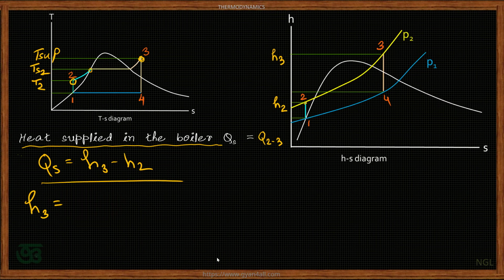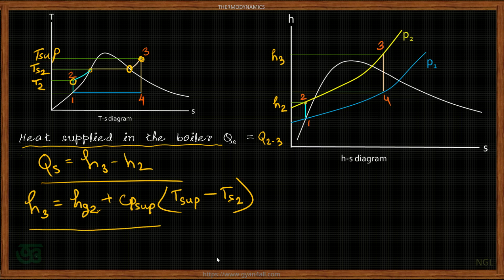So H3 is equal to, at this point for the dry steam, the enthalpy Hg2 corresponding to the pressure P2, plus the amount of superheat, that is Cp sup, the specific heat of superheated steam at constant pressure, multiplied by the temperature of superheated steam minus the saturation temperature of dry steam, Ts2.